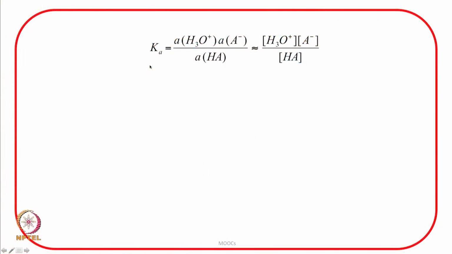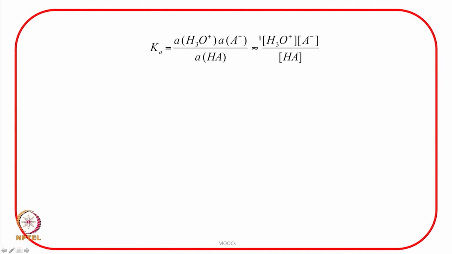Now, let us write an equation for the acidity constant Ka. We always write Ka as activity of hydronium ion into activity of A minus divided by activity of HA.